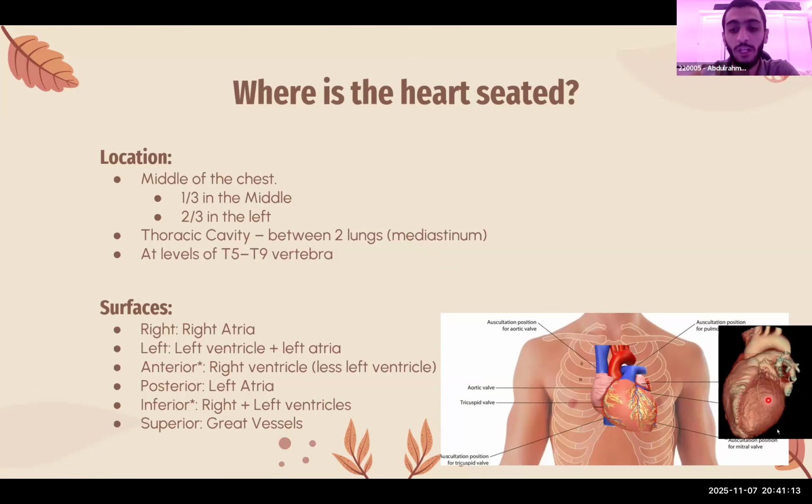Why I put this picture is that maybe, or like for me at least, it would be confusing that we know that the left ventricle is actually the biggest chamber, right? But if you look right here, the right ventricle is looking pretty big compared to the left, and it looks like it's occupying most of the area, right?